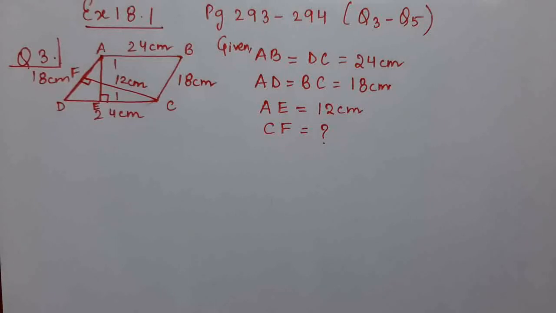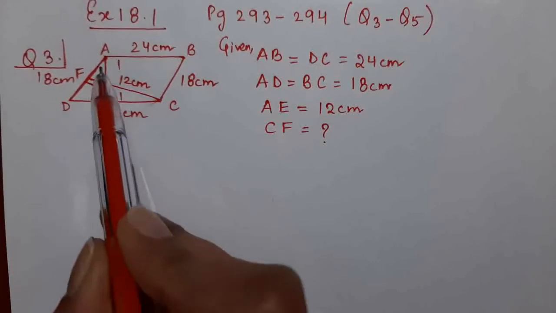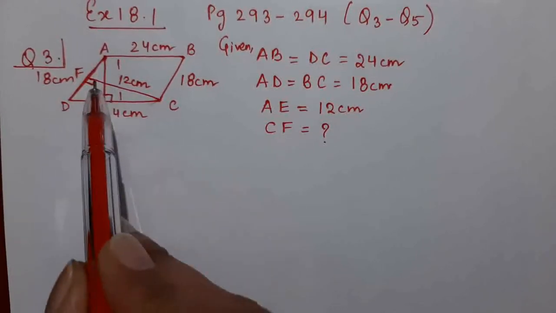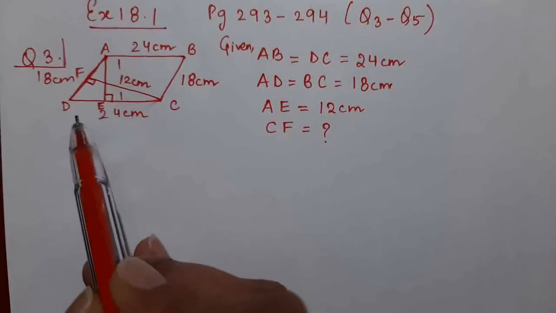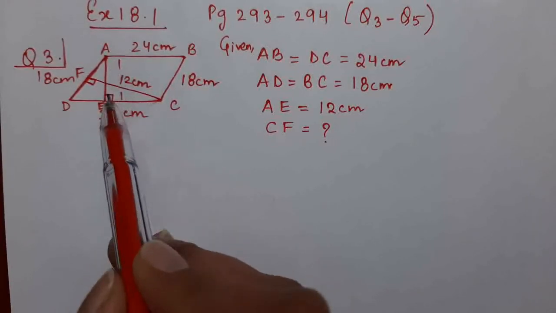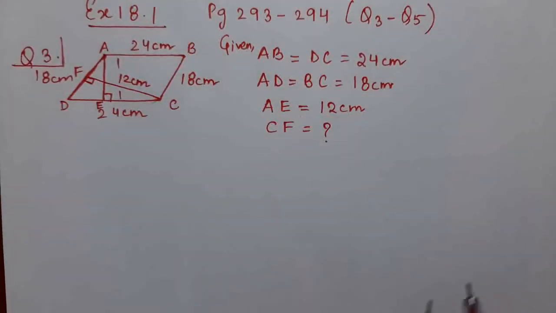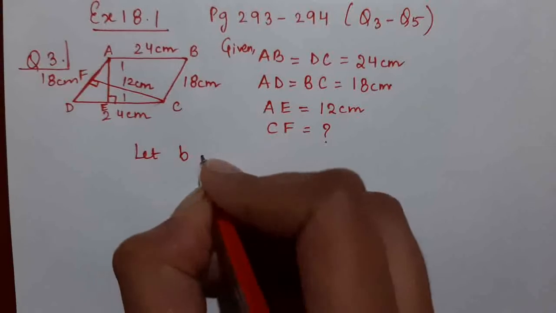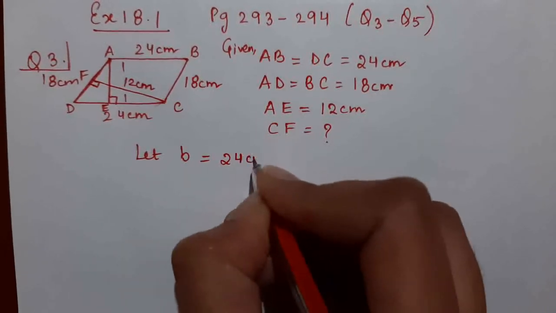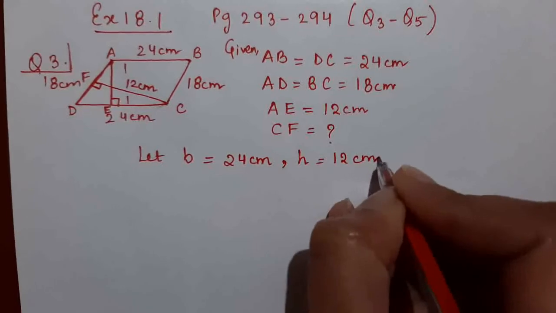Okay, so if we consider this as the perpendicular, then this will be the base, and if we take this as the base, then this will be the perpendicular. So we have the base, we have the height. So the area will be same in both the cases. So let the base be 24 centimeter and the height be 12 centimeter.